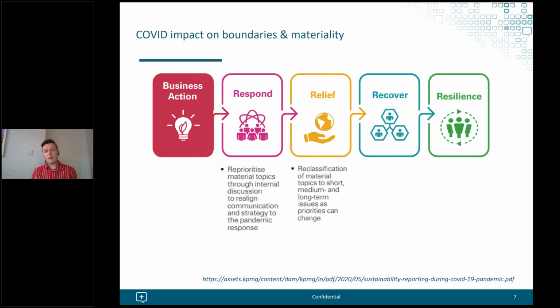Following on from that, in the relief phase, we then see organizations reclassifying material topics. One of the key things that they may then do is look at the definitions of short, medium, and long-term issues, prioritizing those and what that then means for them in the context of their business.